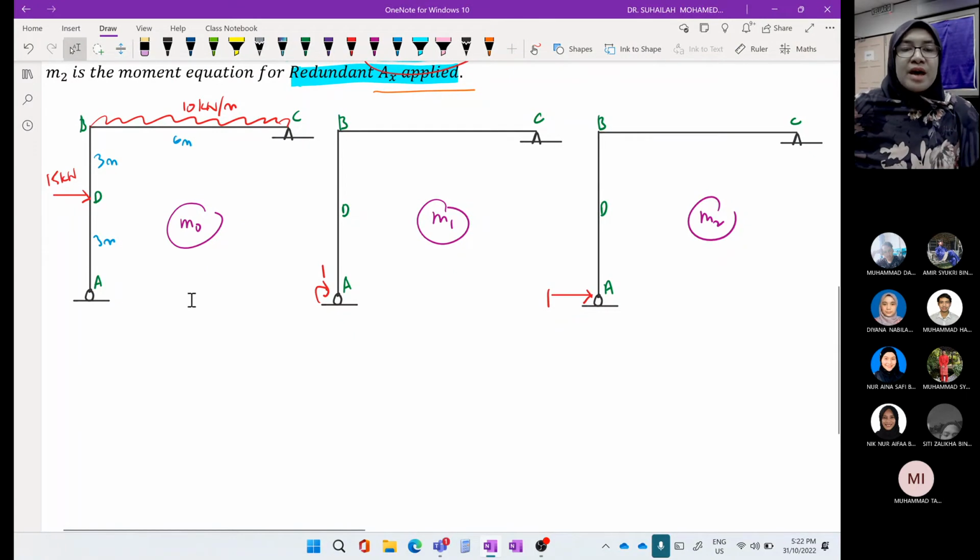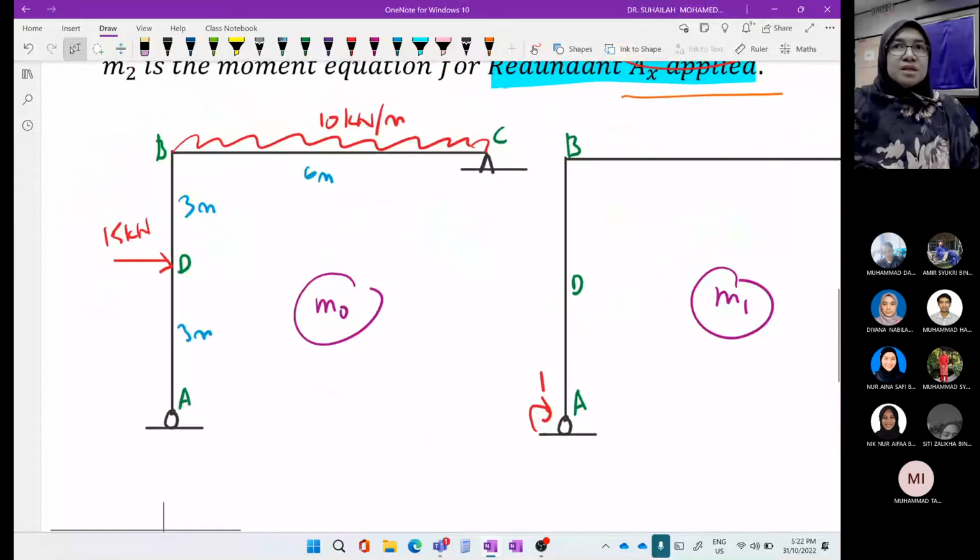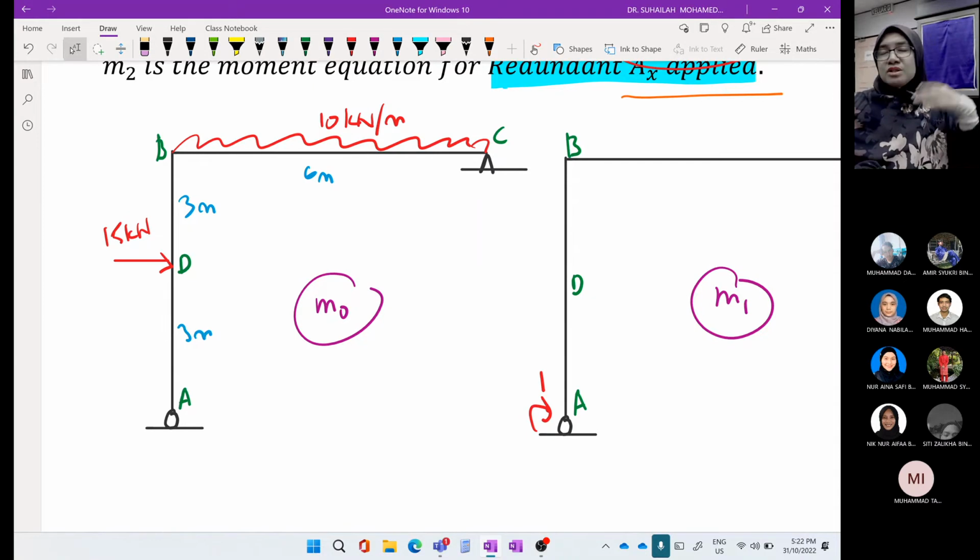But before that, we have to write the moment equation. What do we need to have first? Before calculation, reaction. It means we calculate the reaction, because with the reaction we can write the moment equation. Do you see the flow? Start from reaction, then moment equation, then displacement.